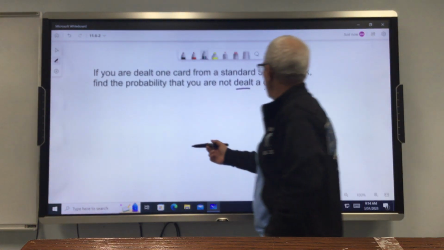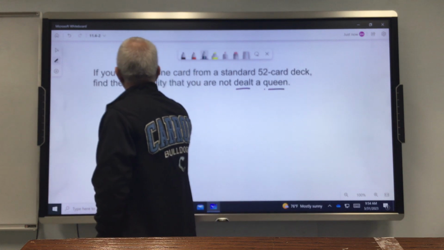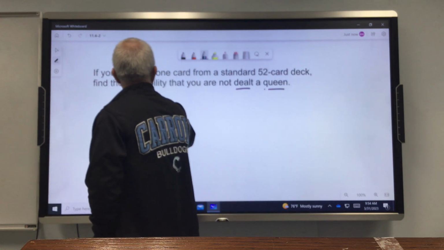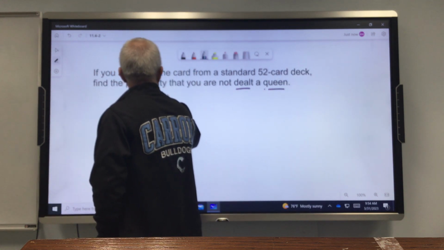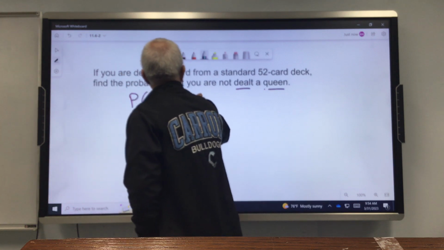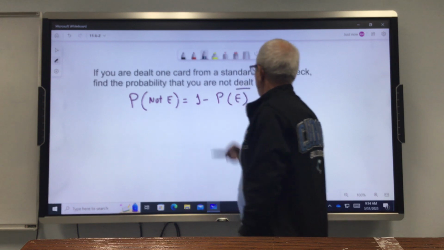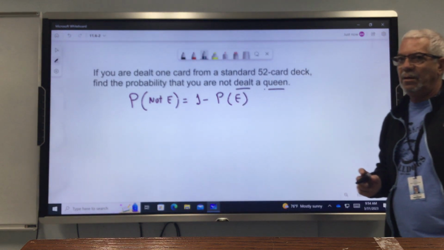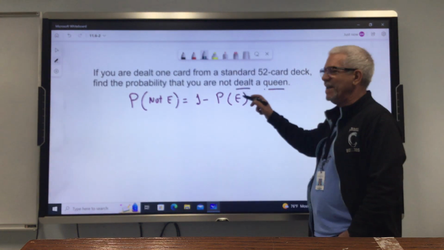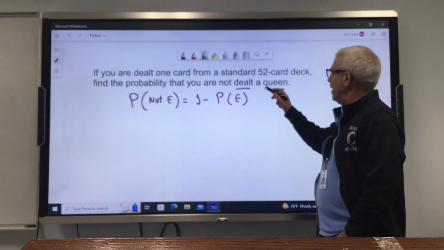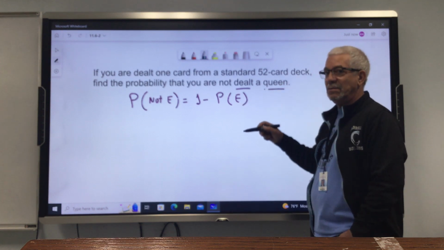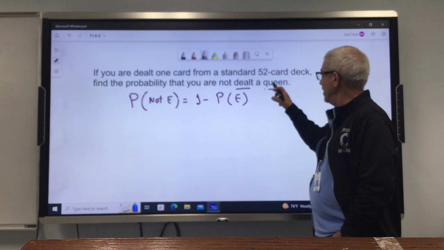Then remember that the formula is P(not E) = 1 - P(E). That is the formula that we need to use. But what happens? We need to find P(E) first. And what is P(E)? The probability that when you take the card, it is a queen.